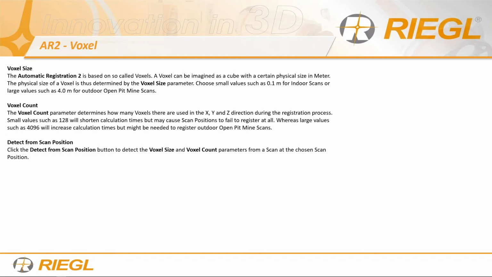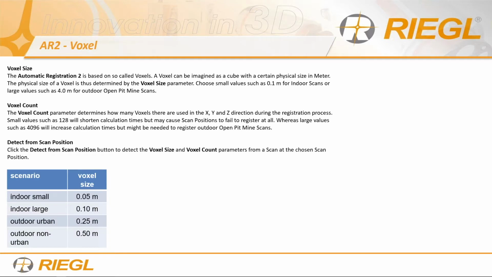So as it was registering, it failed, and the manual assistant wasn't able to help it. So I right-clicked on the scan data and used detect from scan position, so that it made the voxels based on that one scan, so that it could find the common surfaces to match the other scans.